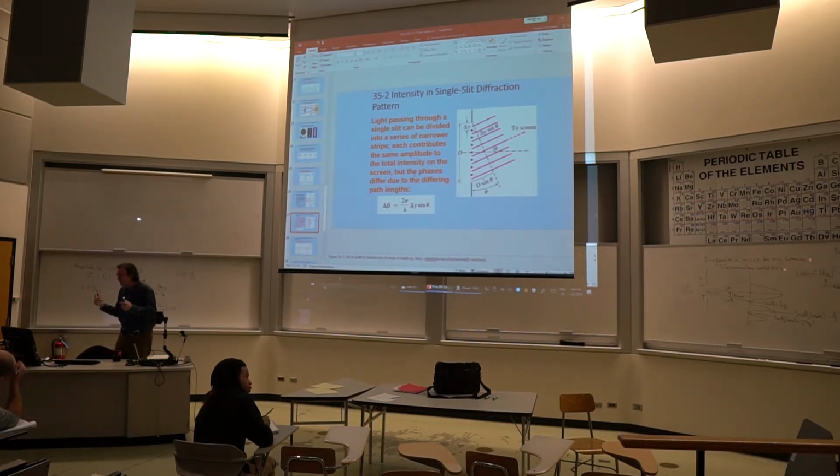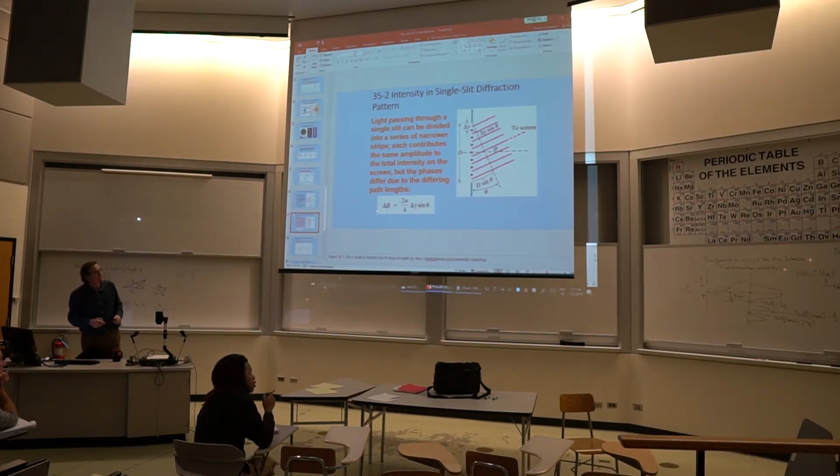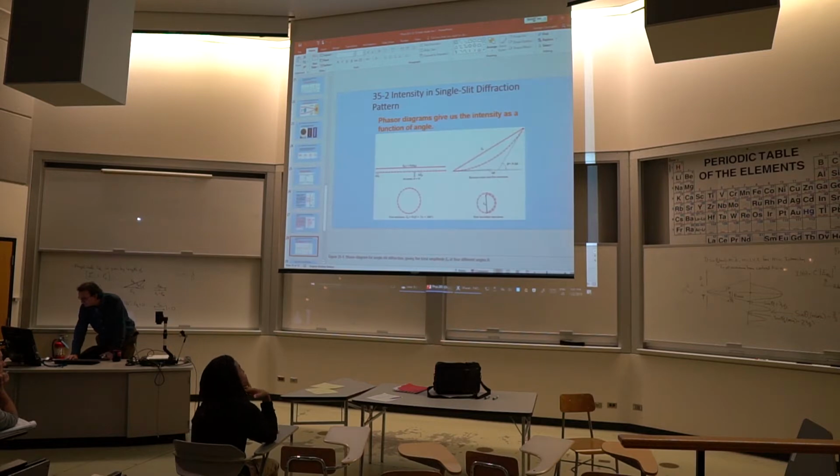If I'm going to add them all together, then I have to add these vectors n times, and each of them will be phase shifted with respect to the other one by this quantity delta beta. This is the phase difference between sine waves arriving at a distant point on the screen that travel a difference in path length given by delta y times sine theta.